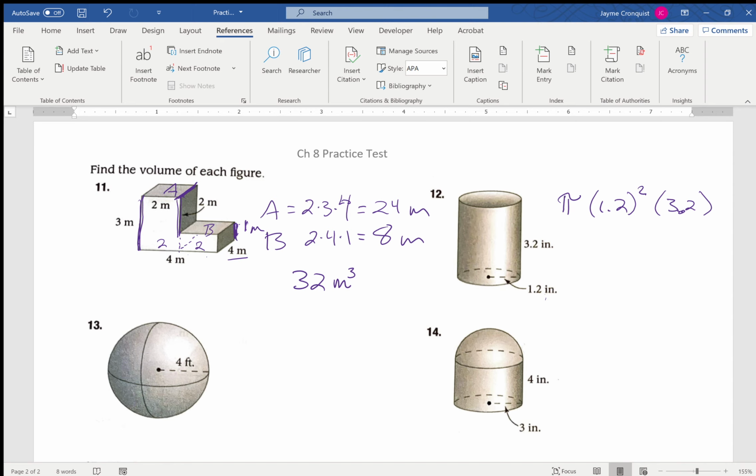Okay, so 3.14 times 1.2 squared times 3.2. I get 7.748, or 7.7 inches cubed.